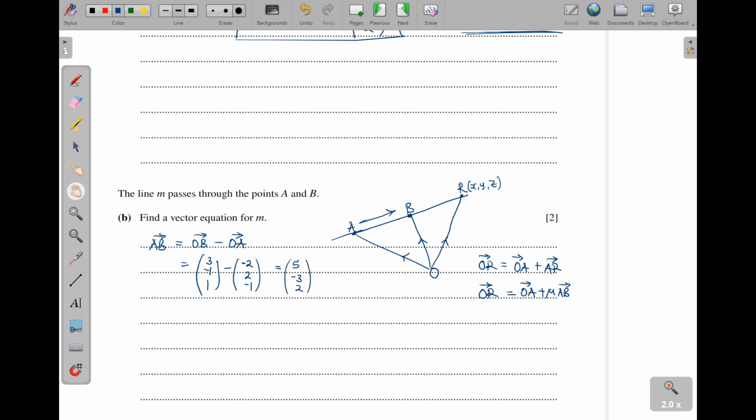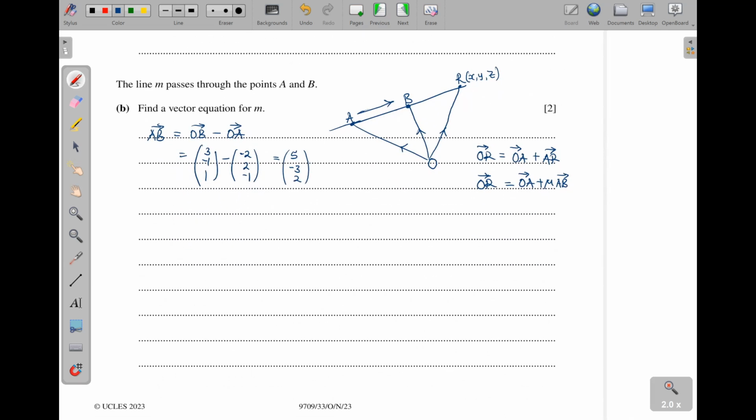So meaning the equation of the line M is going to be r, because O to R is r, okay? So r is equal to OA, which is this one here. So I'll write (-2, 2, -1), plus mu times our AB, which is this one that we have gotten.